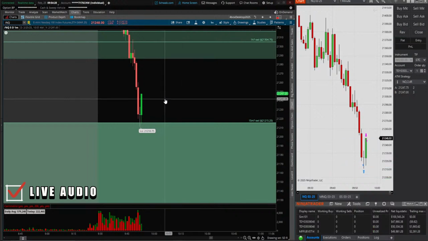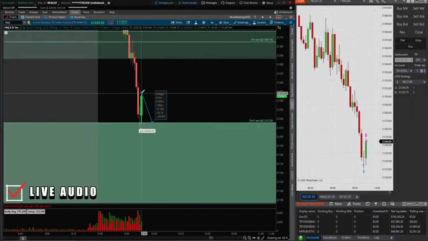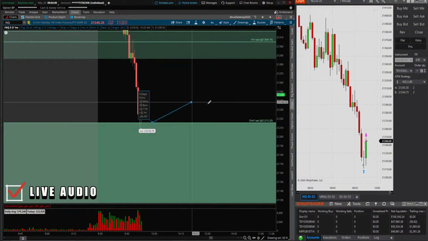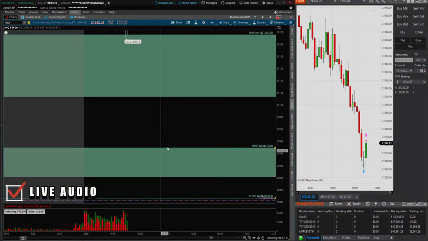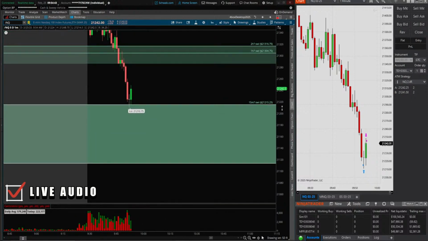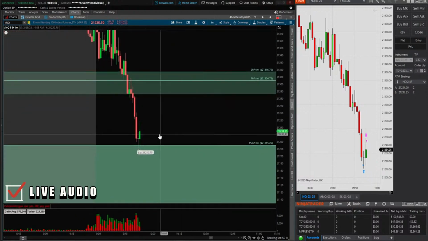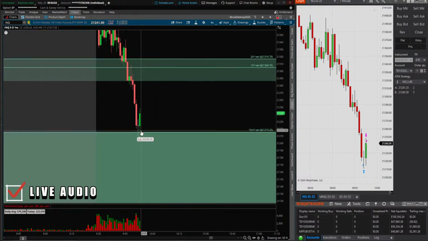Target filled. Alright, there we go. 2.4R, one and done. I might look for another trade later at this zone if it comes down here, but these are my best trades when they happen within a few minutes. Less than 5 minutes. You see a wick at a zone and it doesn't come back down after 2 candles.